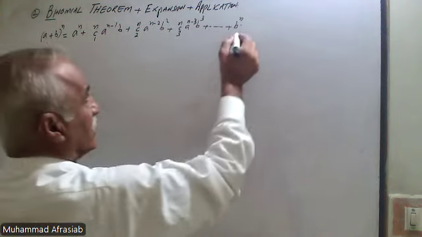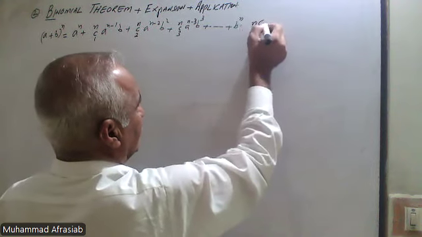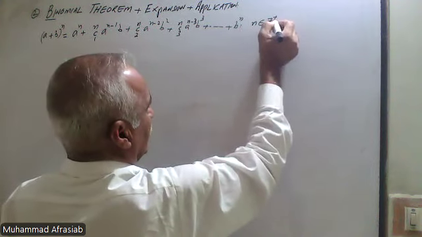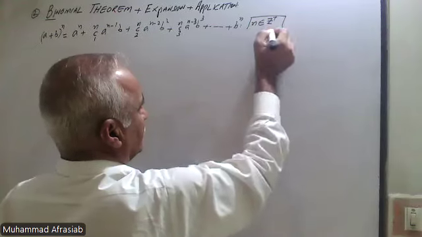But at that time, we imposed a condition that n should belong to the positive integers. So this is the basic formula for this binomial theorem.